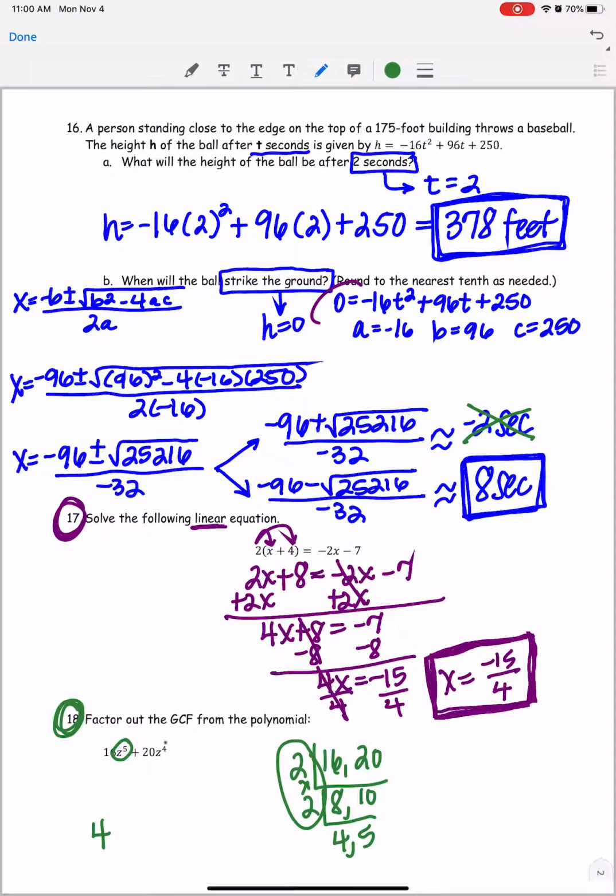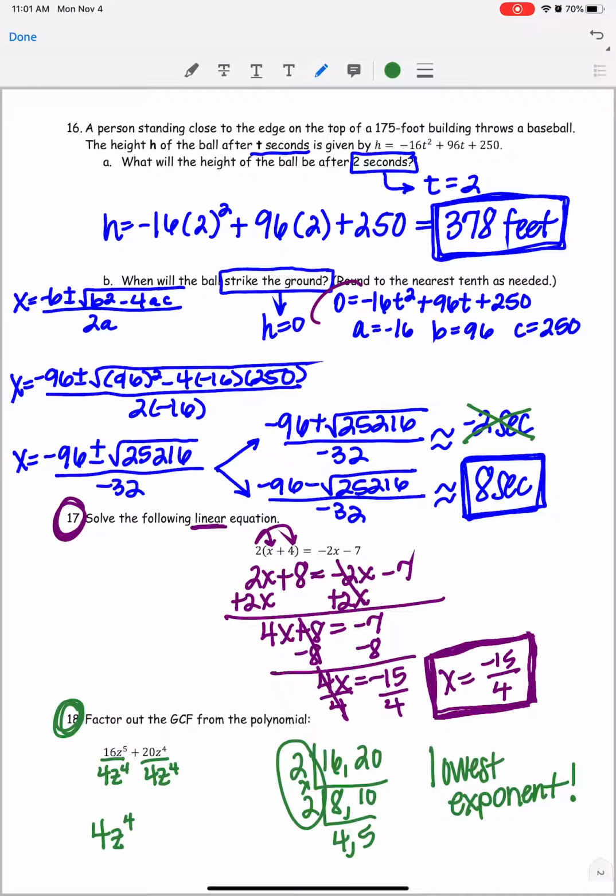Then look at your z's. What's the lowest exponent? Okay, and that's that z to the 4th. So that's my GCF. Okay, so once you find the GCF, now what we are doing is taking each of these terms and dividing by that GCF.